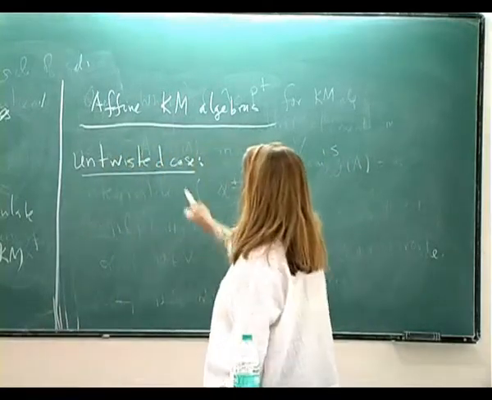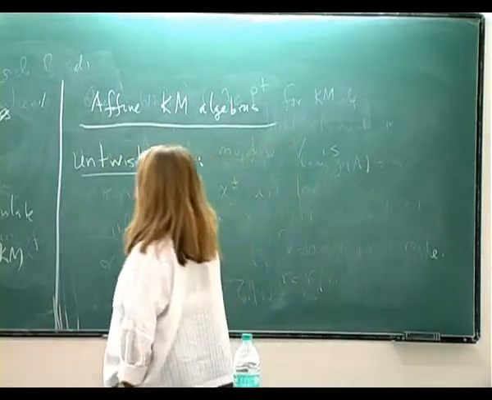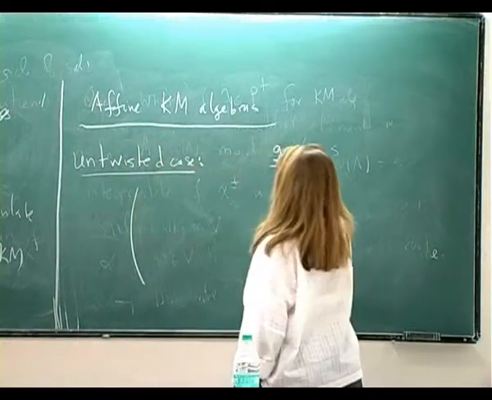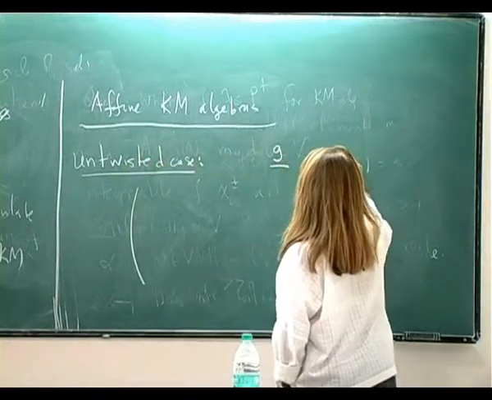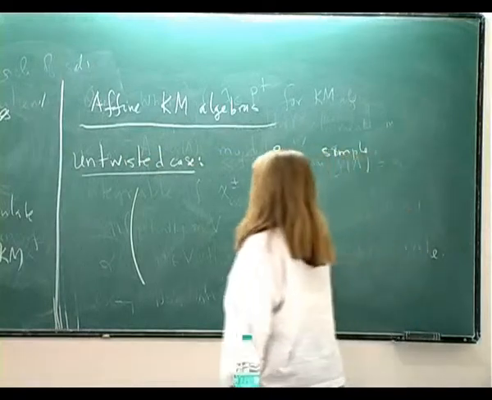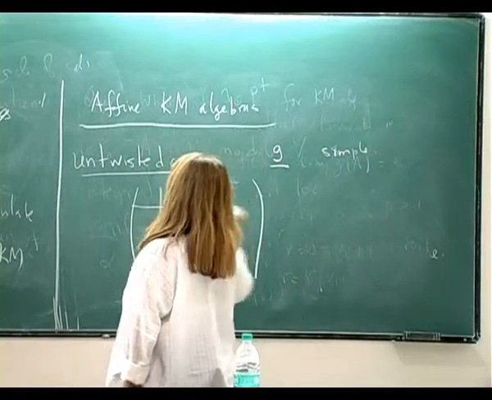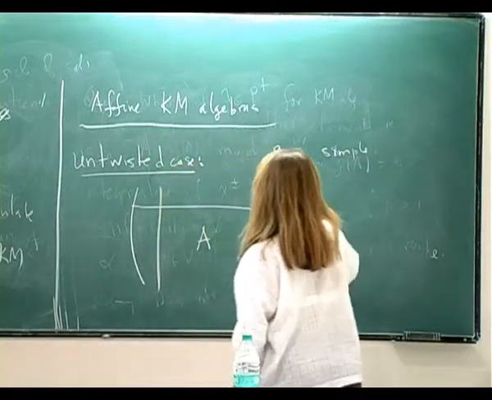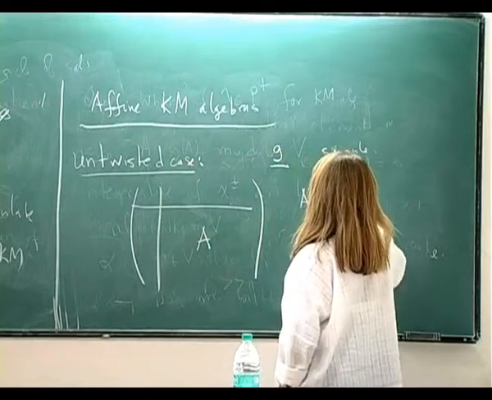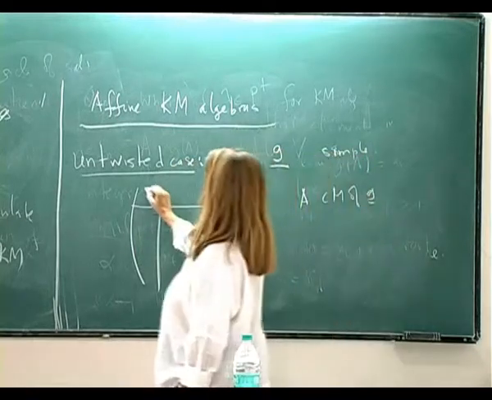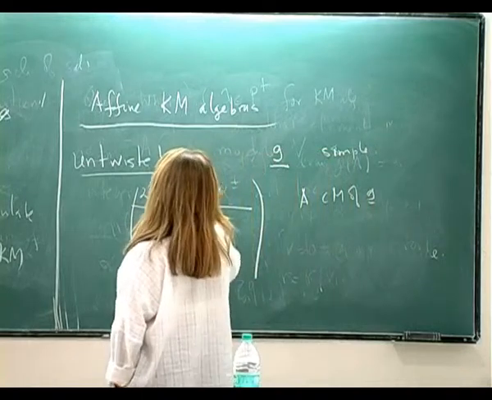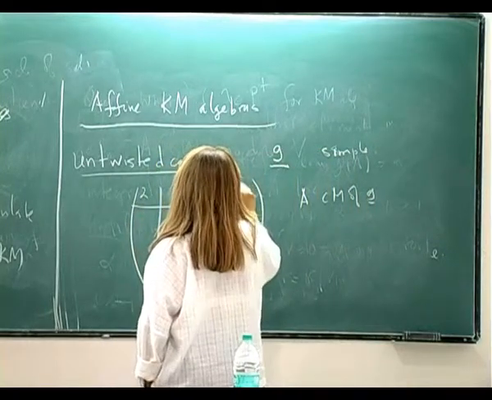Okay, so how did we define the Cartan matrix in the untwisted case? We had an underlying simple Lie algebra G, and then we did something fairly simple. We put its Cartan matrix here, and then I stuck in these numbers over here, and this theta was the highest root.